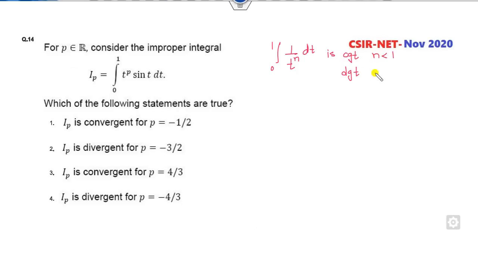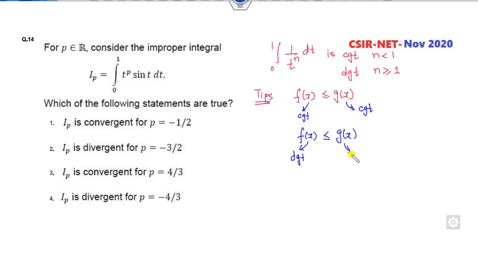This is convergent when n is less than 1, and divergent when it is greater than 1. Another tip: if you have f(x) less than g(x), and you prove that g is convergent, this implies f is convergent. On the other hand, if you prove that f is divergent, it implies g is divergent.